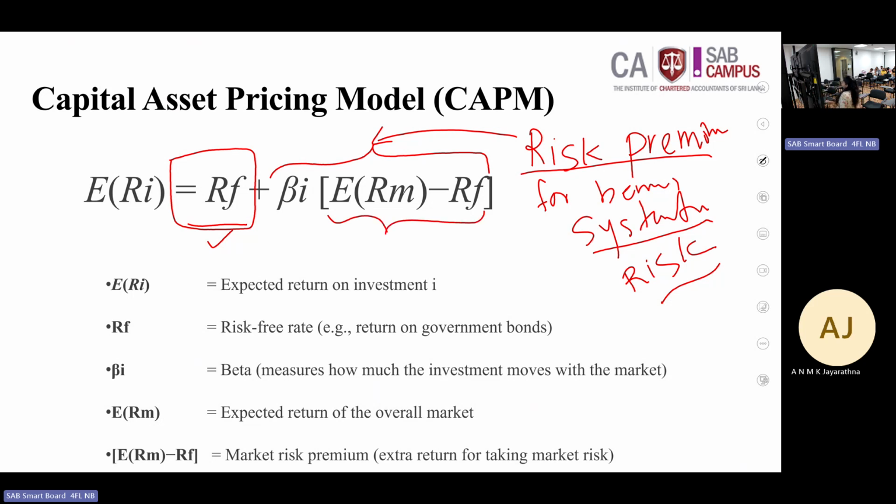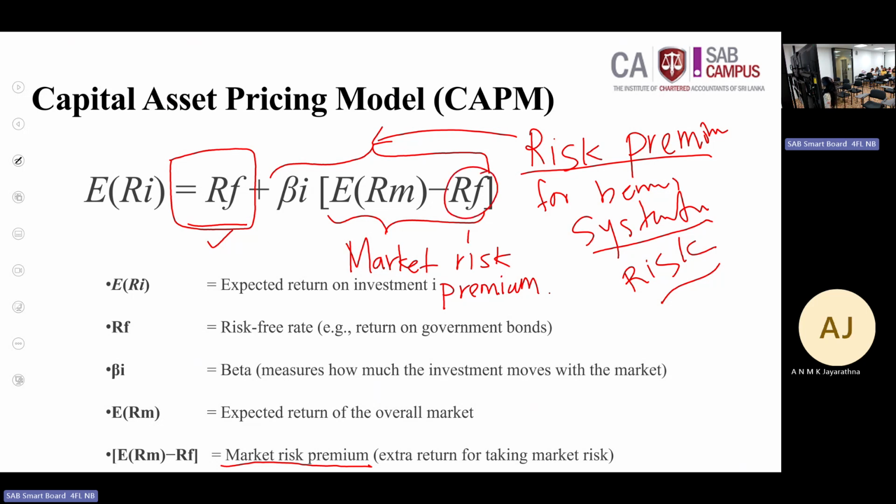So you have to identify the market risk premium. This part we call the market risk premium. How can we calculate this market risk premium? So this is, say, a 10% treasury bill securities return.